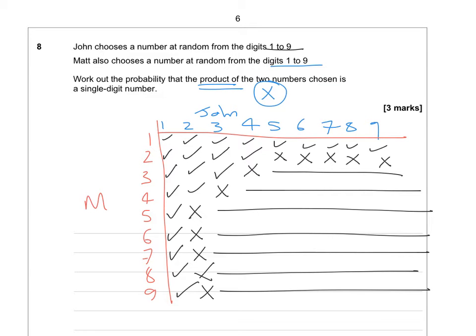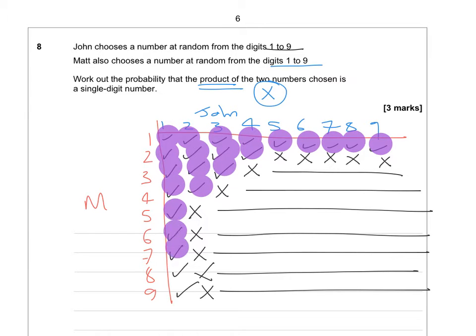Now, if we look at all of the numbers that we have ticked, we need to count up how many of them there are. So 1, 2, 3, 4, 5, 6, 7, 8, 9. There are 23 products which are single digits.